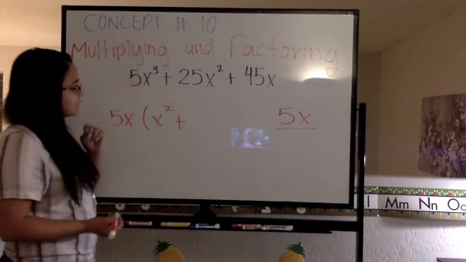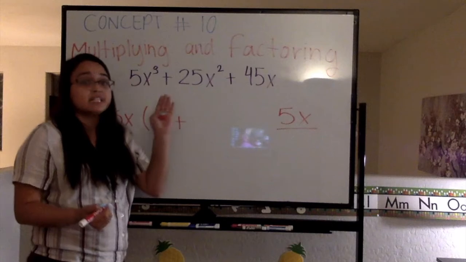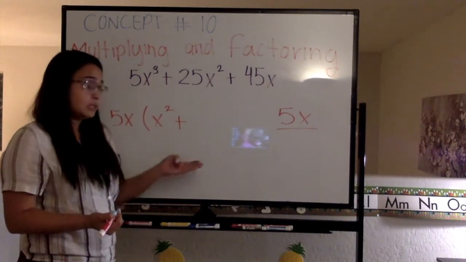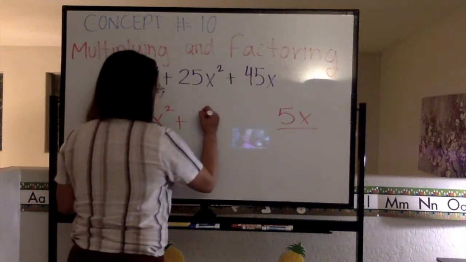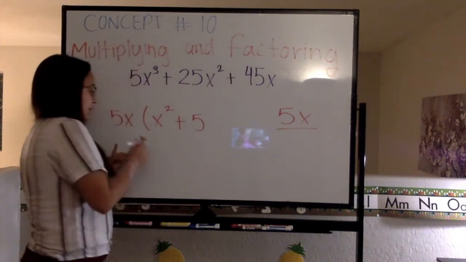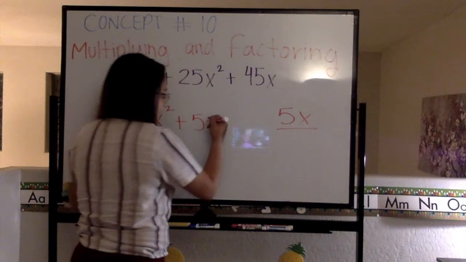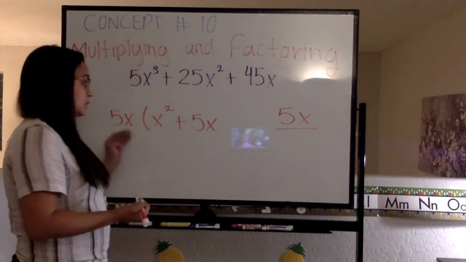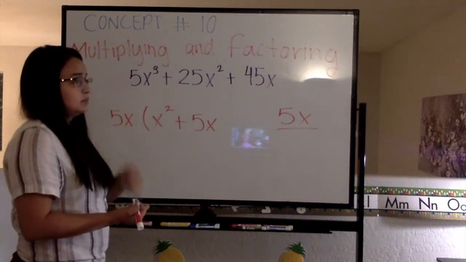Now let's go on to the next one. We have 25x squared. We know that 5 times 5 equals 25. So we're going to have 5 here. And we know that x times x is going to equal x squared. So we're just going to put down 5x.